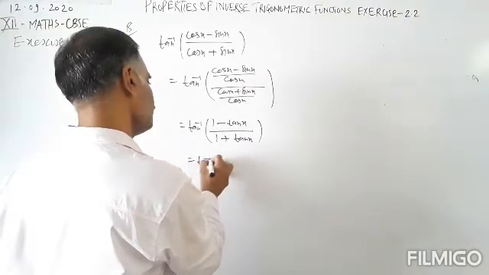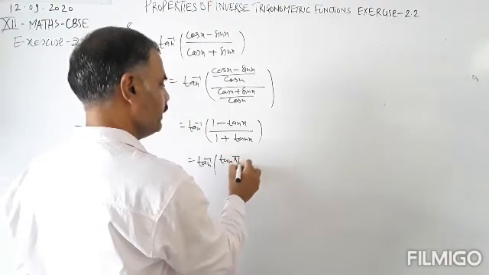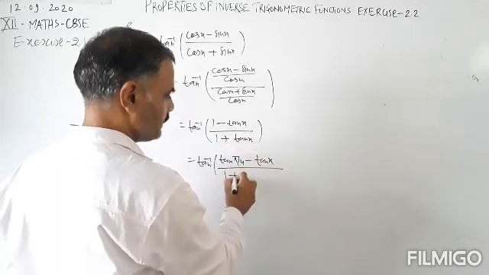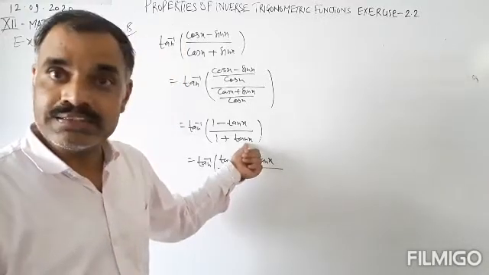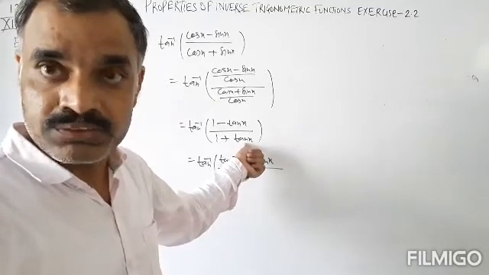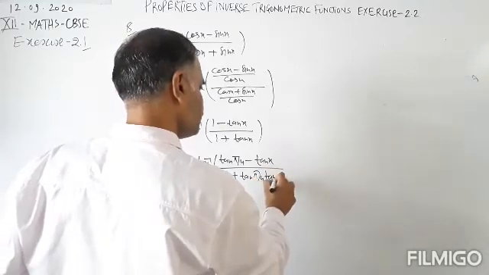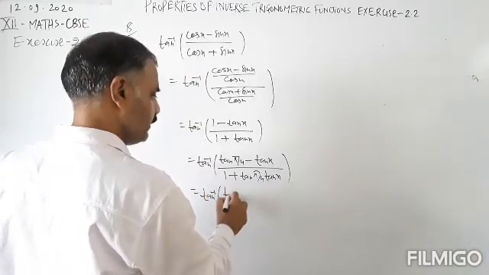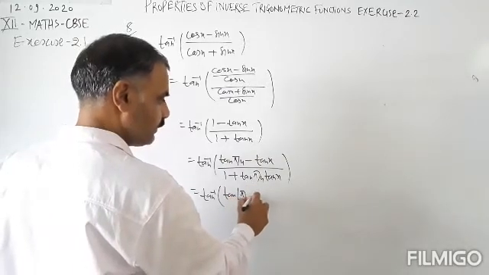Now 1 is equals to tan pi by 4. So tan pi by 4 minus tan x divided by 1 plus, here tan x is multiplying with 1, so we will put tan pi by 4 in place of 1, so tan pi by 4 into tan x. So this is equals to tan inverse tan of, by this identity, pi by 4 minus x.